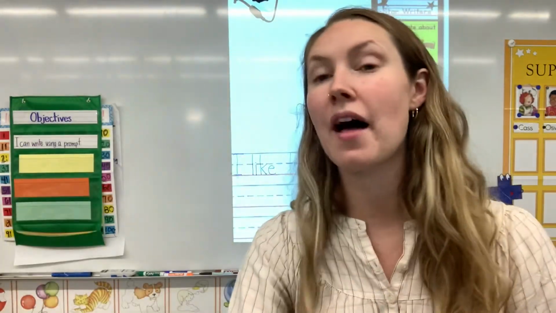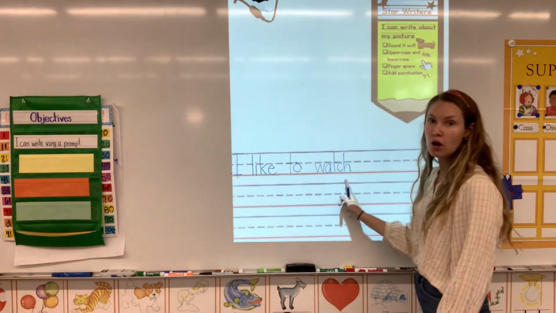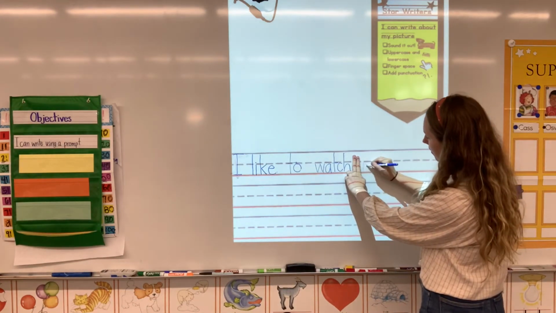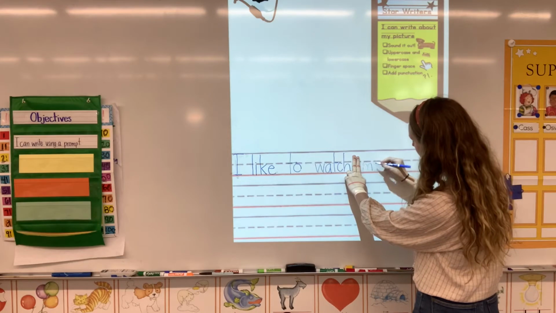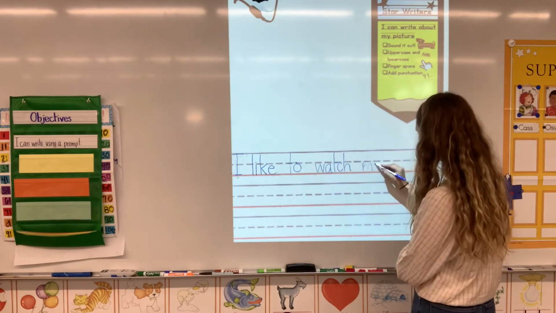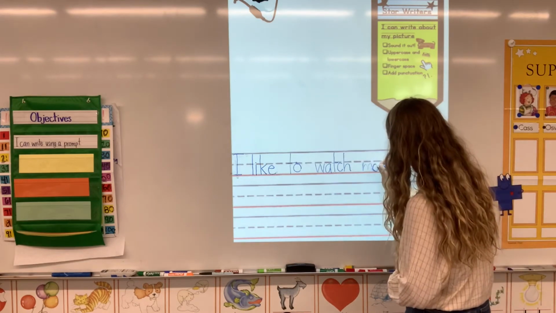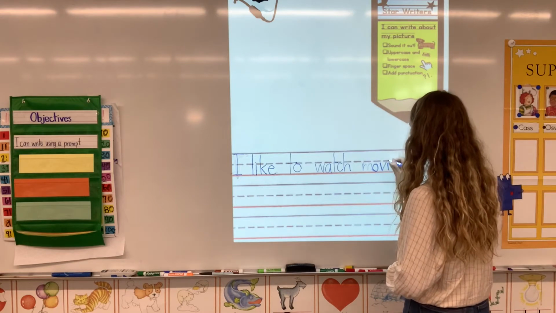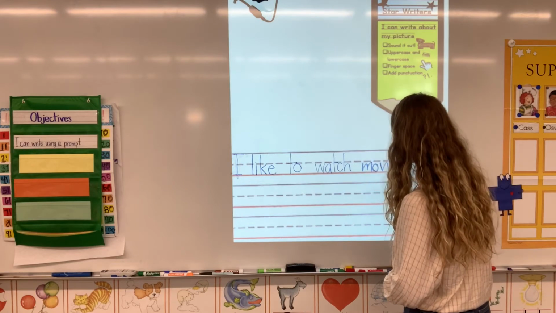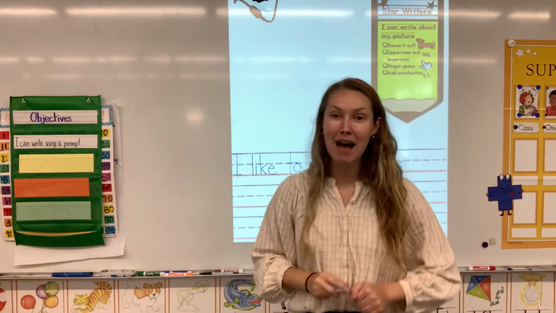M-O-V-I-E-S. That's how we spell movies. So I'm going to write, I like to watch, finger space, movies, M-O-V-I-E-S. I like to watch movies, and now we're going to say with my friends.